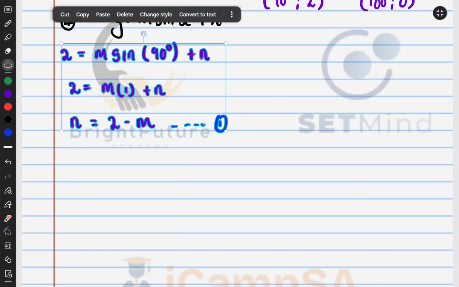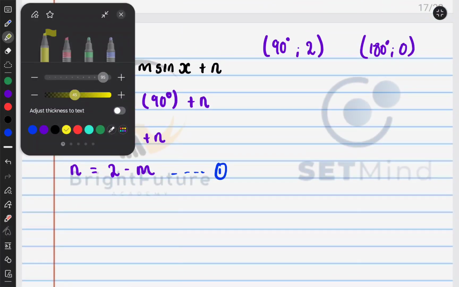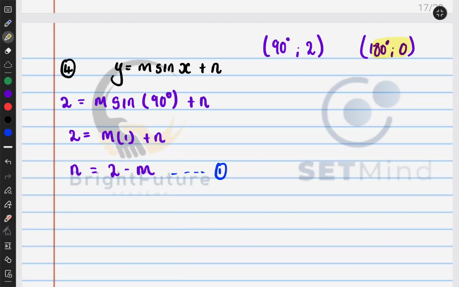Let's do equation 2 by substituting 180 degrees and 0. So y is 0, equal to m sine of 180 degrees plus n. What is sine 180? It's 0.